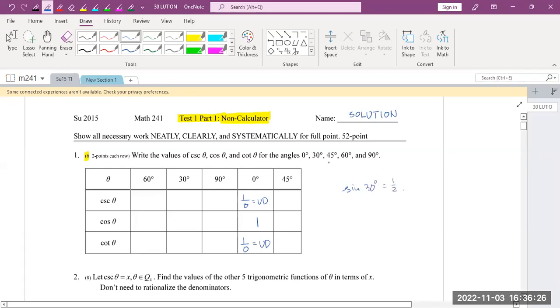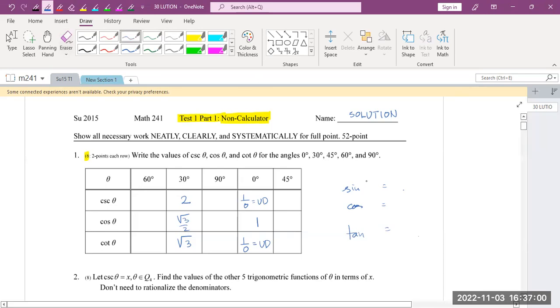So cosecant will be the reciprocal of that, which is 2. Cosine 30 degrees is radical 3 over 2. Tangent of 30 degrees is 1 over radical 3. So the cotangent will be the reciprocal of that, radical 3. Now, how about 45 degrees?